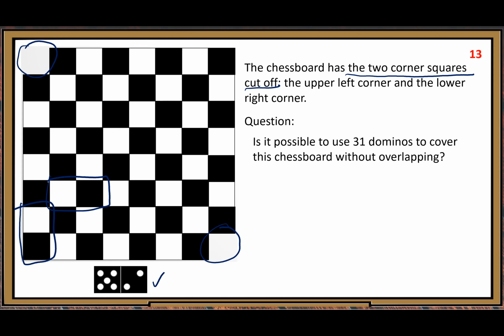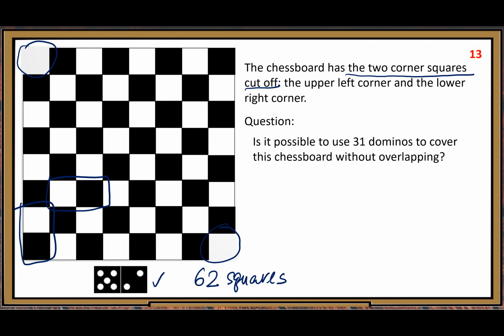Is it possible to use 31 dominoes to cover it? Because there are 64 squares in total, and after we cut off two squares, we only have 62 squares, right? Each domino covers two squares. So the question is, is it possible to use 31 dominoes to cover this chessboard without overlapping?